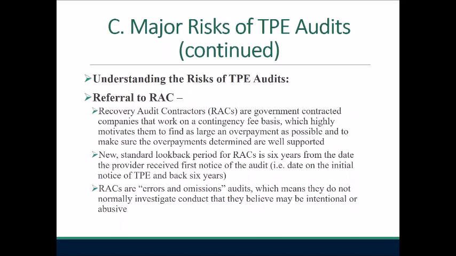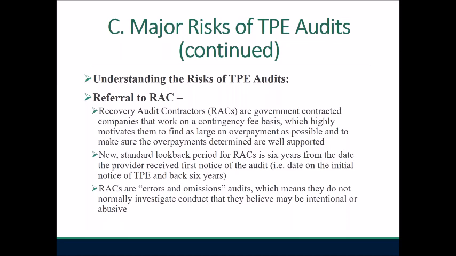All right, referral to the RAC. Obviously, as we said, RACs are contingency fee based. That makes them particularly motivated to find more overpayments because they make more money. The look-back period is now a universal 6 years for all federal payers. There used to be a 4-year and then a 6-year for good cause.